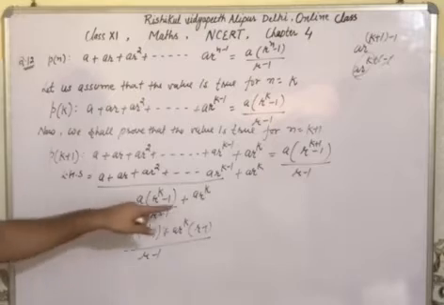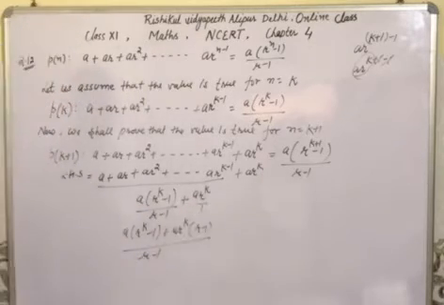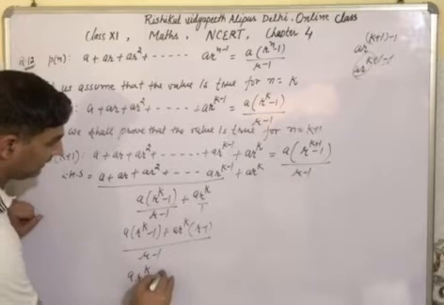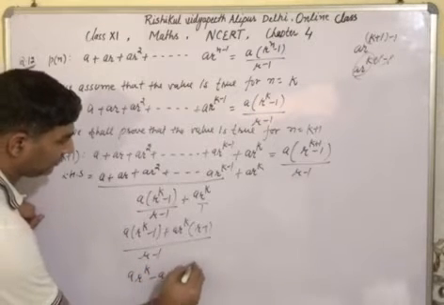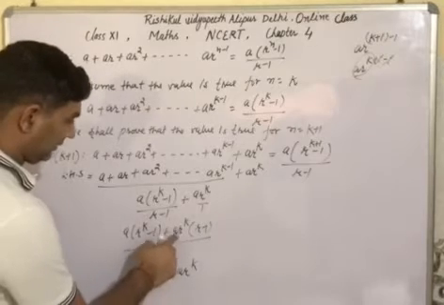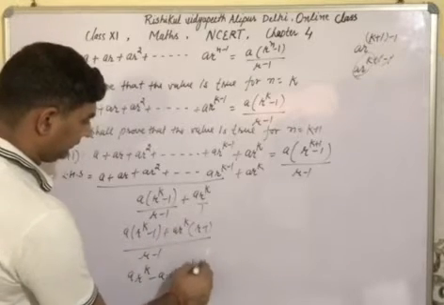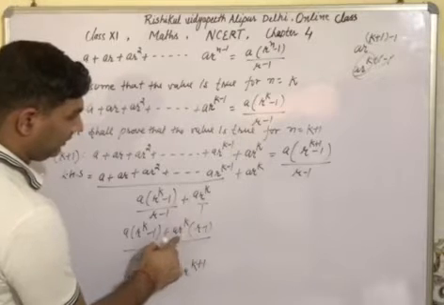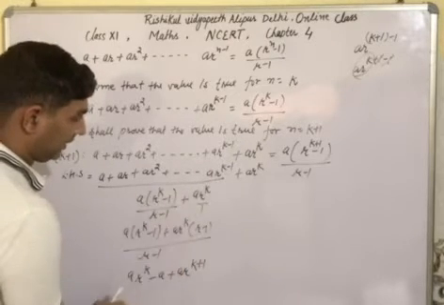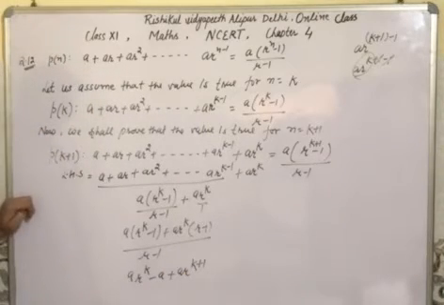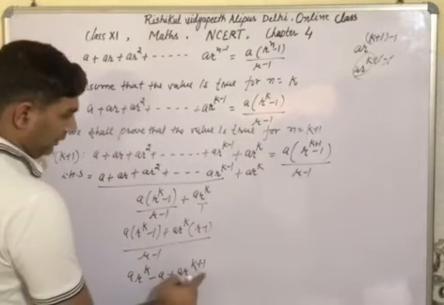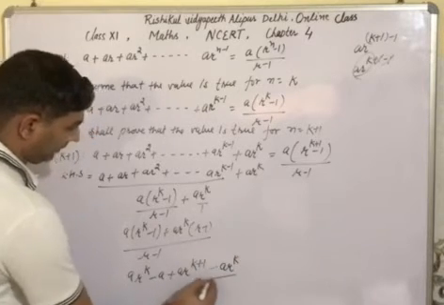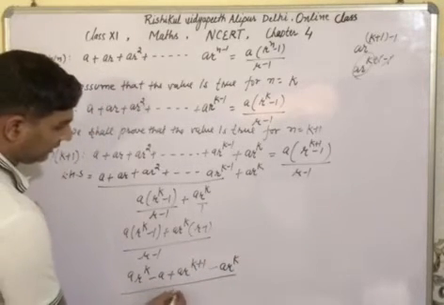Then this becomes ar raised to power k minus a plus ar raised to power k plus 1 minus ar raised to power k, all upon r minus 1.